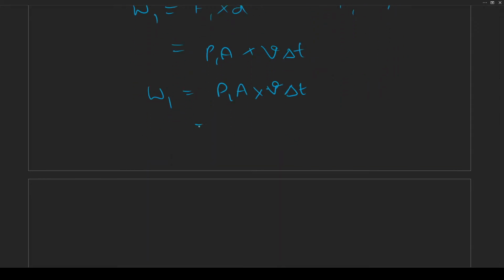And we can write area into velocity as x by delta t again.